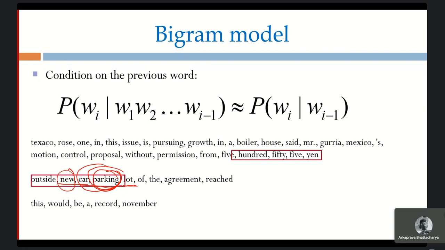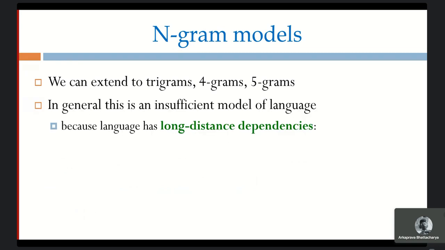The unigram model does not depend on any history, the bigram model depends on one word of history, and the trigram model depends on two words, and so on. We can extend this to trigrams, 4-grams, and 5-grams.